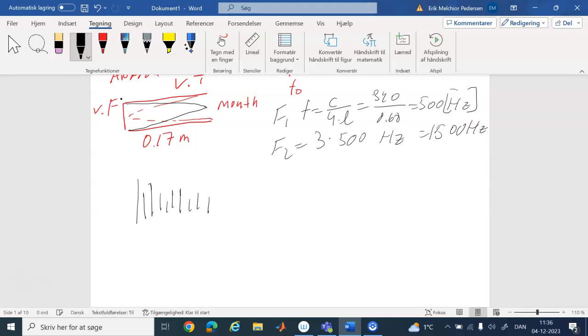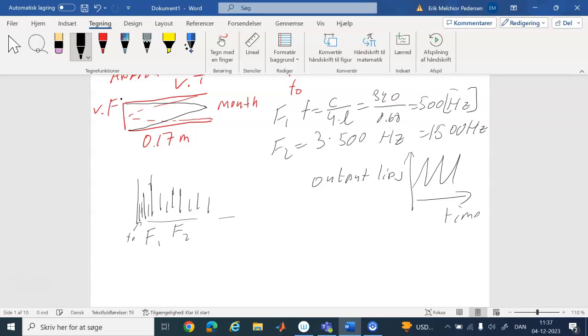So we have the F1 here, F2 here, and then a lot of smaller frequencies, and F0 here, the fundamental frequency. So the vocal tract, I will not draw it. It comes through the lips output. Lips, it gives some time and pressure, some speech, you can say.